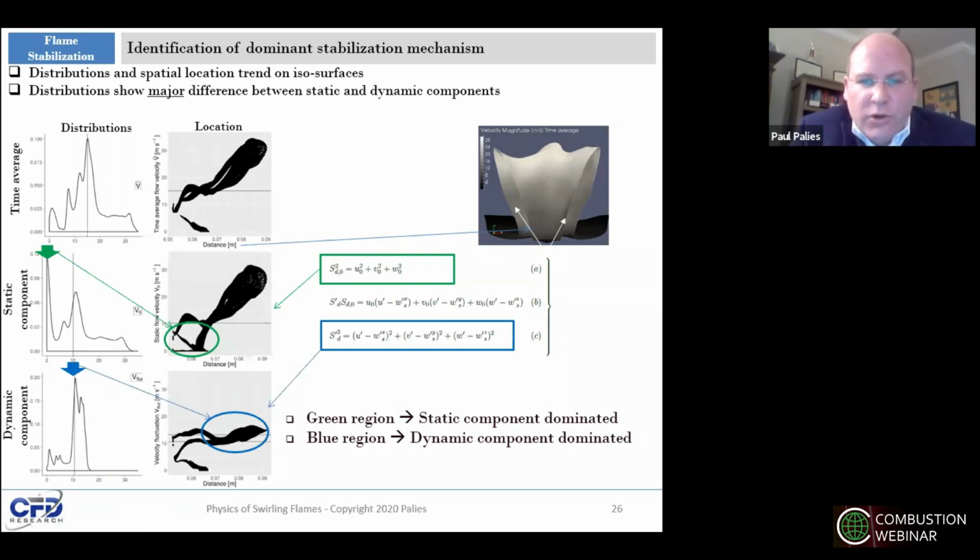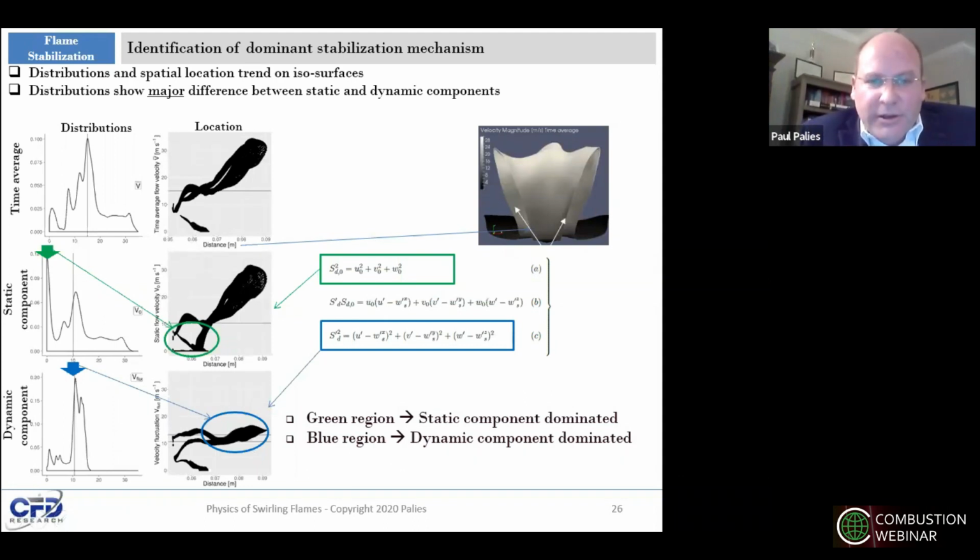That's the goal of this work, and that tells us that the green region here, which corresponds to the inner flame, is mostly dominated by the static component, while the outer region is mostly dominated by the dynamic component.